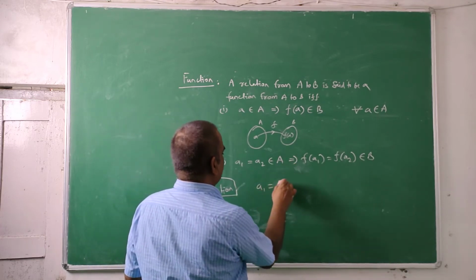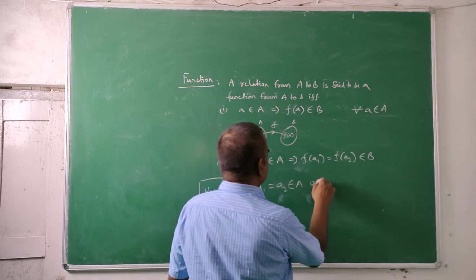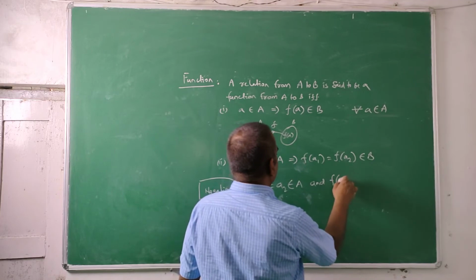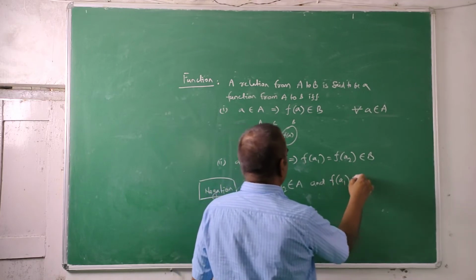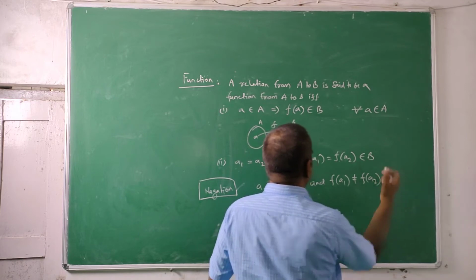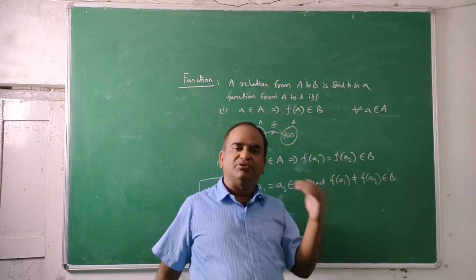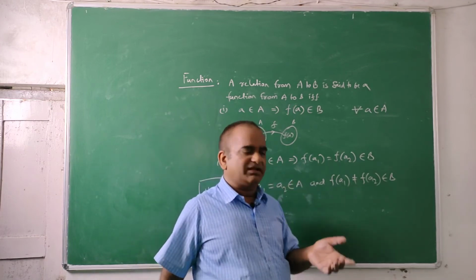A1 and A2 are equal in A, and f of A1 and f of A2 are different in B. It's contrary to this statement. Contrary means opposite, quite opposite.